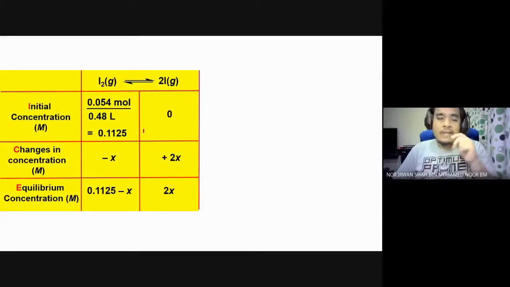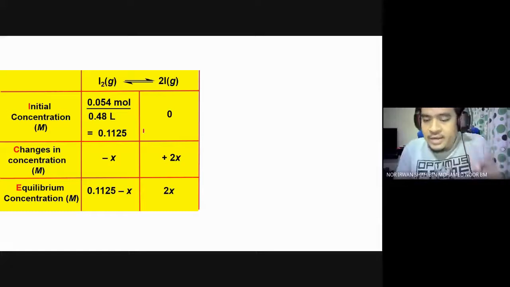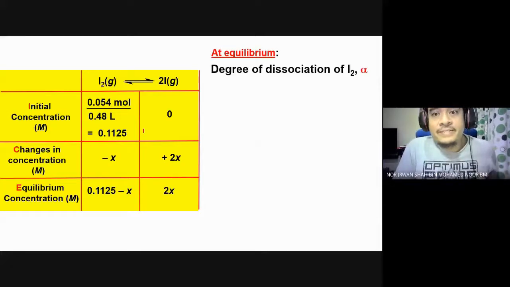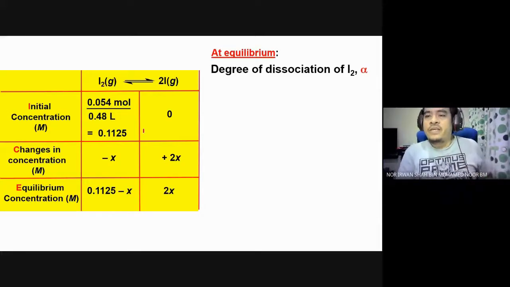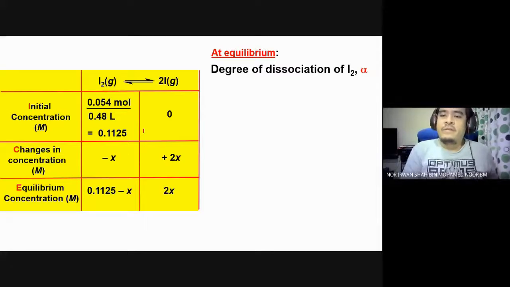Class, remember, in the question we were given the degree of dissociation of iodine vapor, alpha, already given. And we know that alpha equals the change in the concentration of iodine vapor divided by the initial concentration of iodine vapor.